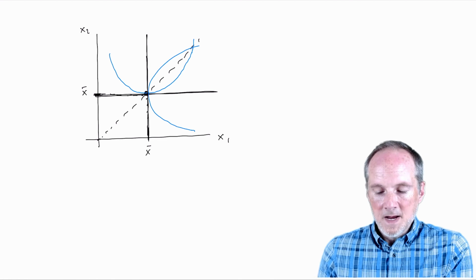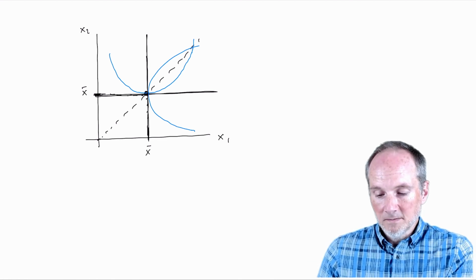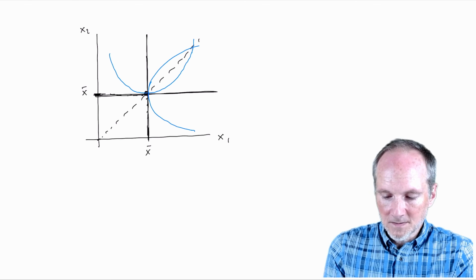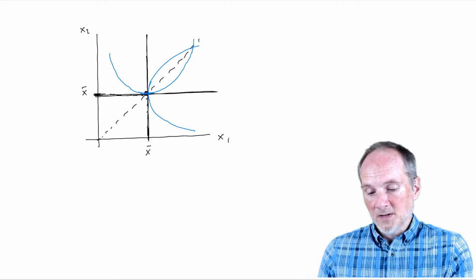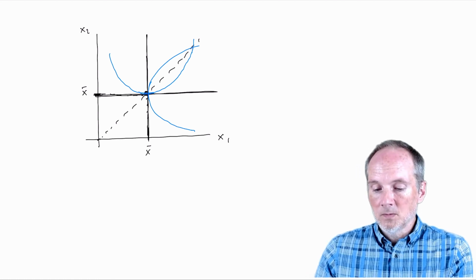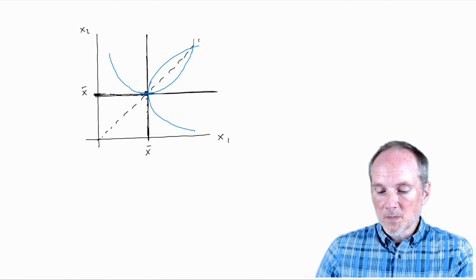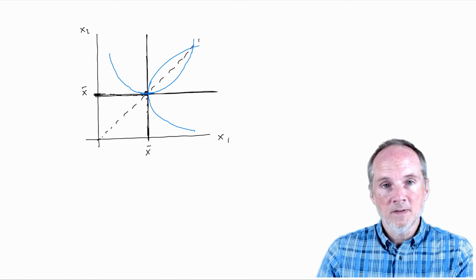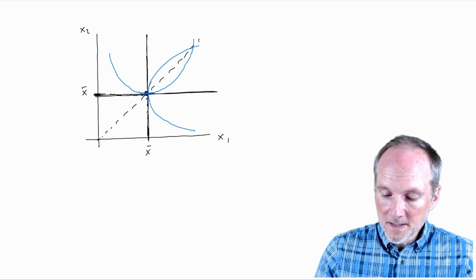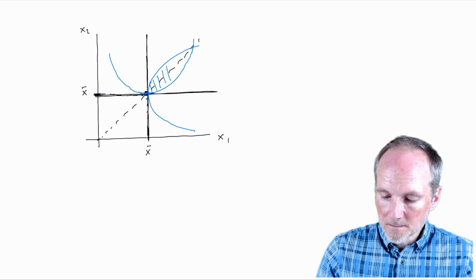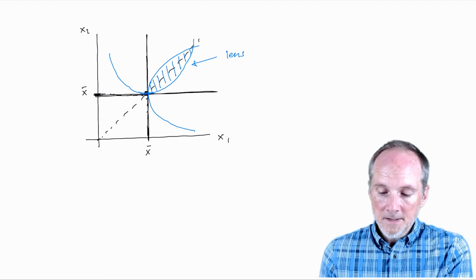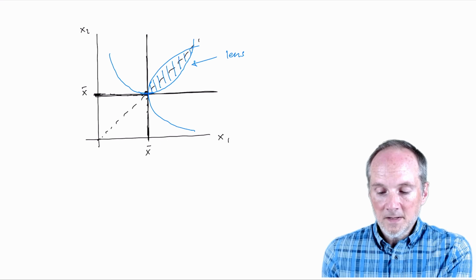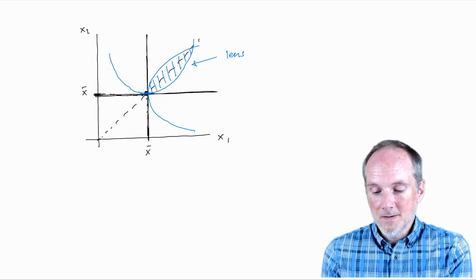Okay. Now, notice that each person is optimizing individually. We have these tangency conditions for both guys. But when we look at the big picture, and we think about varying the activity levels of both guys along the 45-degree line, we can see that we've created this lens. And as we talked about in the multidimensional policy model, Pareto optimality is inconsistent with something like this.